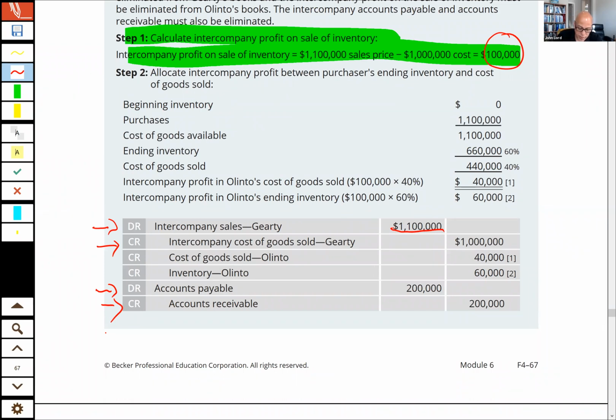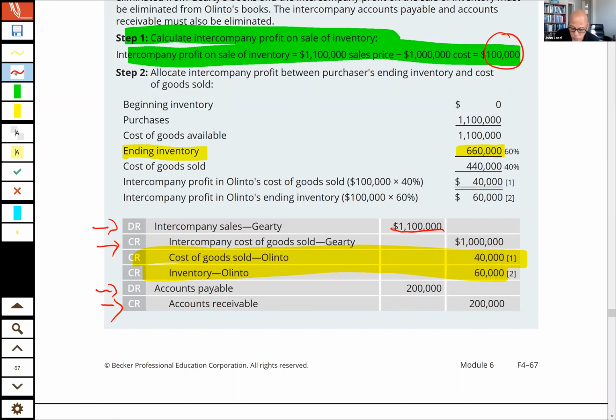So now we're down to this part right here. How do we get rid of the intercompany profit? They told us up there that there was still $660,000 sitting in the ending inventory of Olinto.